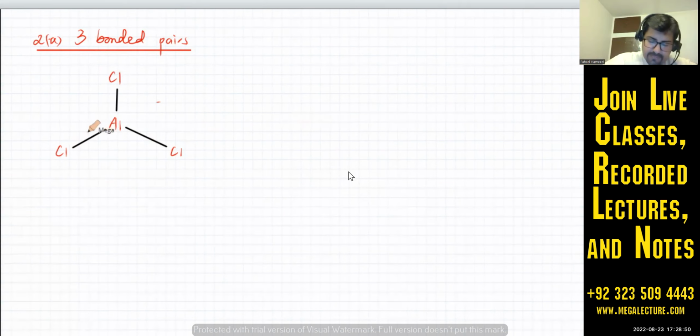There's going to be a pair of electrons over here, a pair of electrons over here, and a pair of electrons over here, and they will be trying to maximally repel each other. So the only scenario is that they will be 120 degrees from each other. What will the shape be? That's known as trigonal planar.